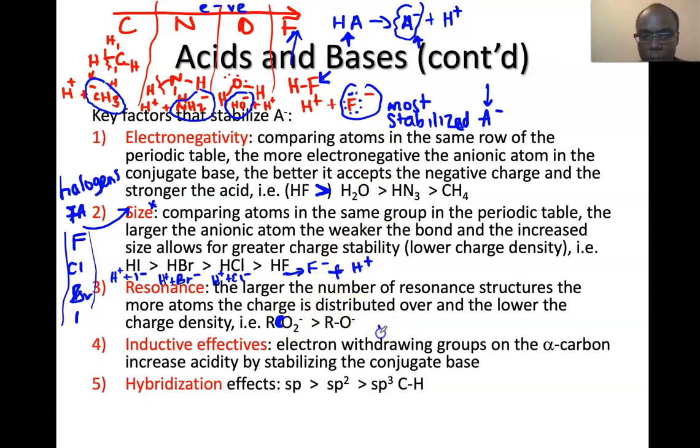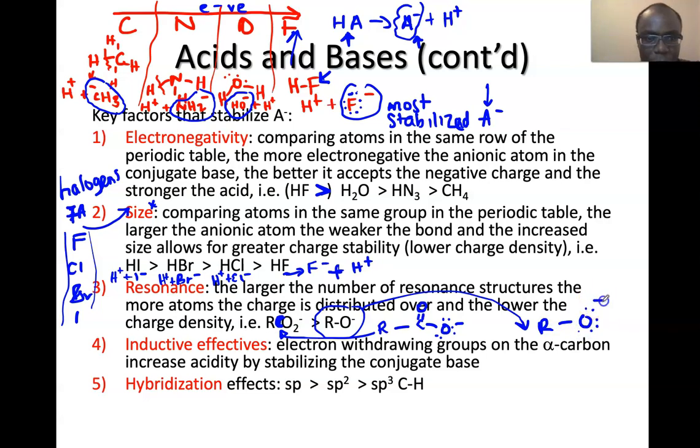So for example, if you have the rest of the structure and then you have a carbonate, like that, this structure is what this is right here, versus this one, which will simply be just a carbon structure without resonance.